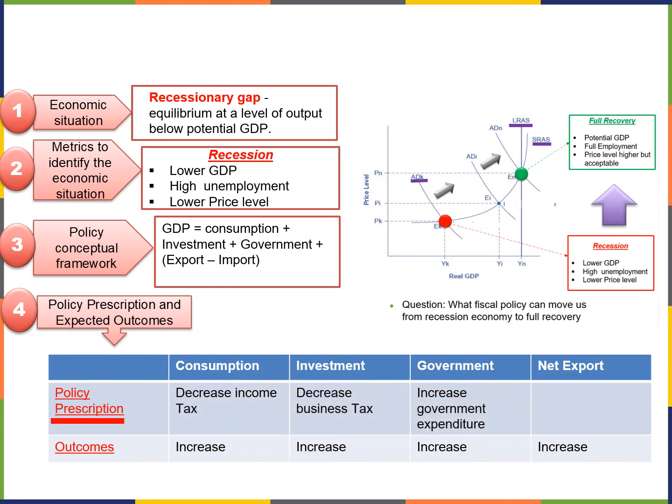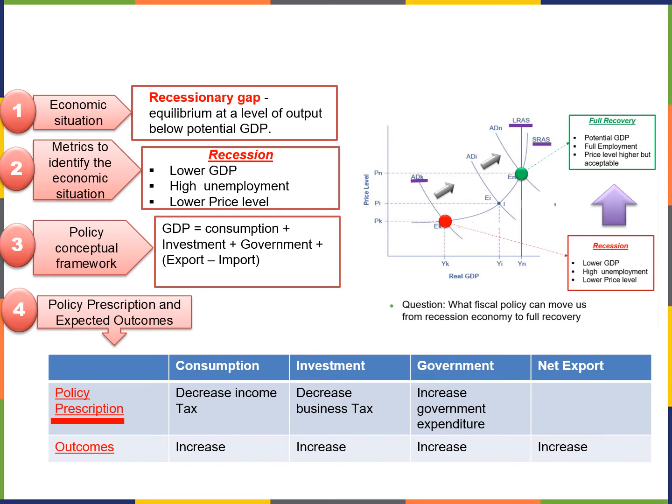So here, since we are trying to shift our aggregate demand to the right, that means that GDP will increase. If we want to increase GDP, and know that GDP is made of consumption, investment, government expenditure, and export, here we will do what is needed to increase consumption, investment, government expenditure, and export.